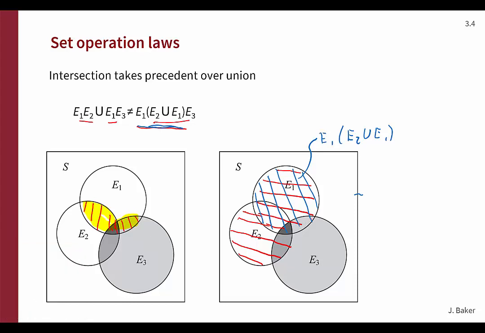So that's going to be only this area right here. So the highlighter region is E1 intersected with the union of E2 and E1 intersected with E3. And we can see that on the right-hand side and left-hand side Venn diagrams, the yellow shaded regions are not equivalent. So these two operations in the mathematical equation are not equal.